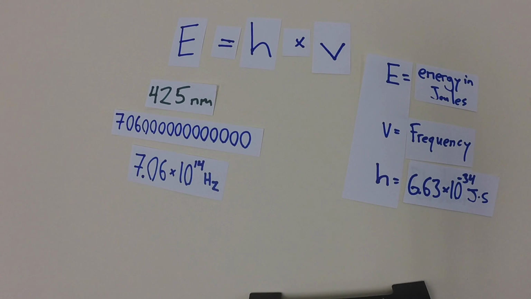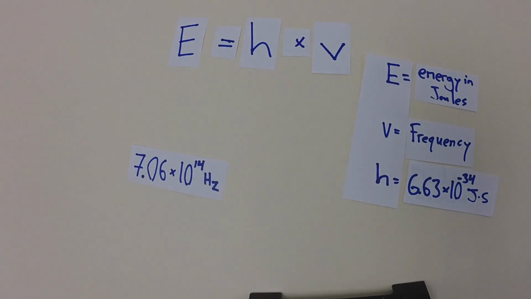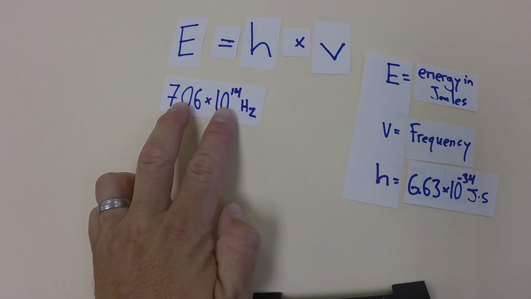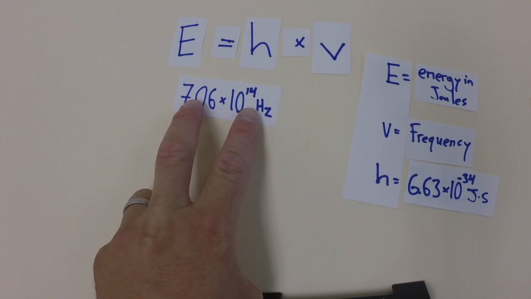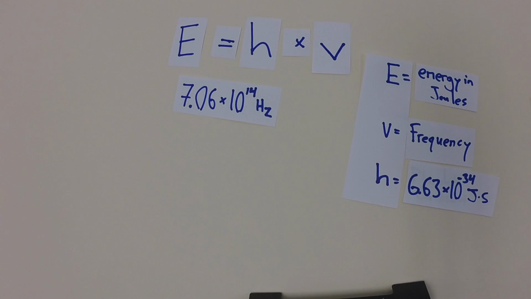Again, a very high frequency, because we have very, very small waves moving at a very, very high speed. So these wavelengths are very frequent. Now we want to know, for this frequency, what is the amount of energy per each single photon of that light, of that wavelength.